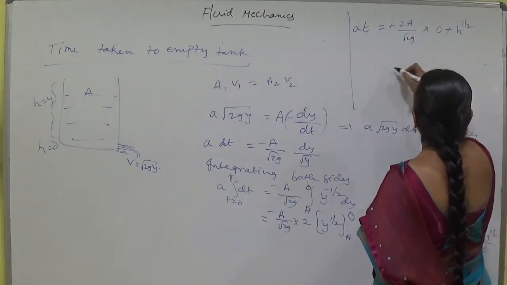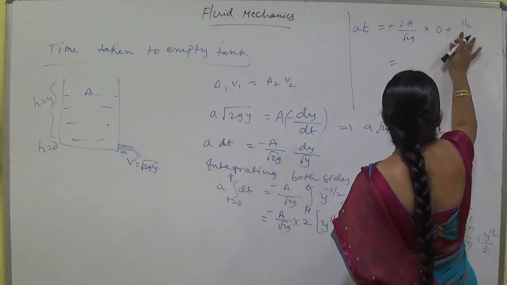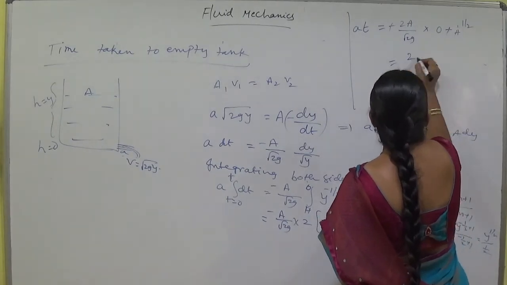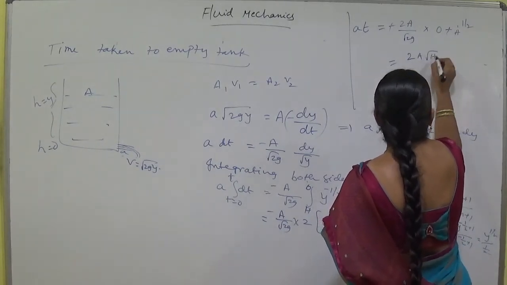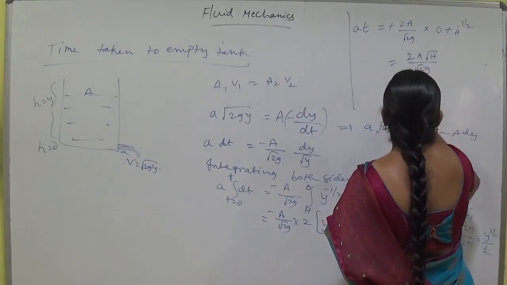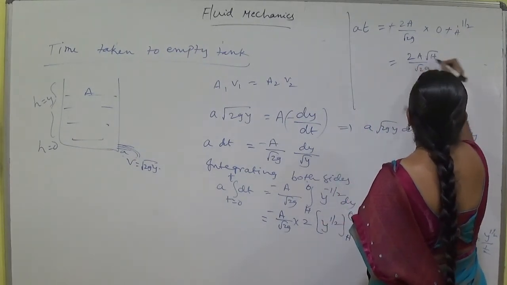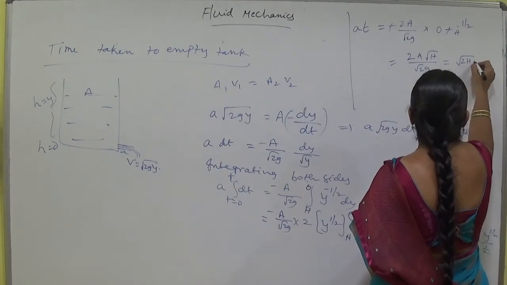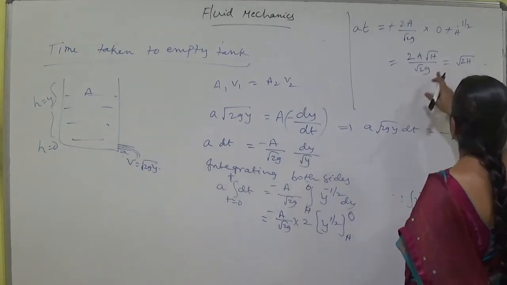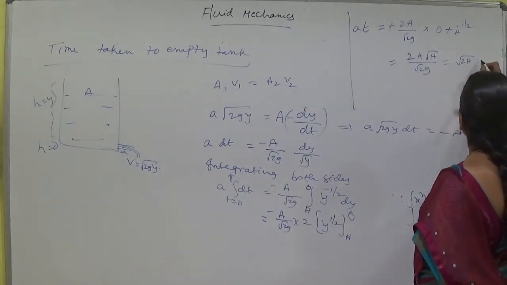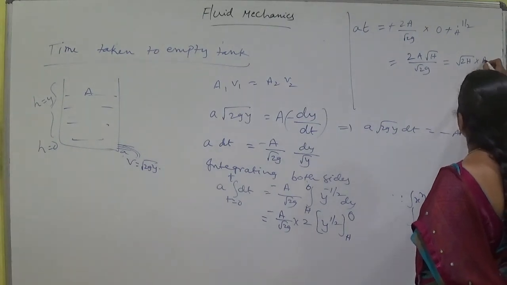Minus minus cancel. h power half is root h. 2a into root h by root 2g, that is 2h by g times a.